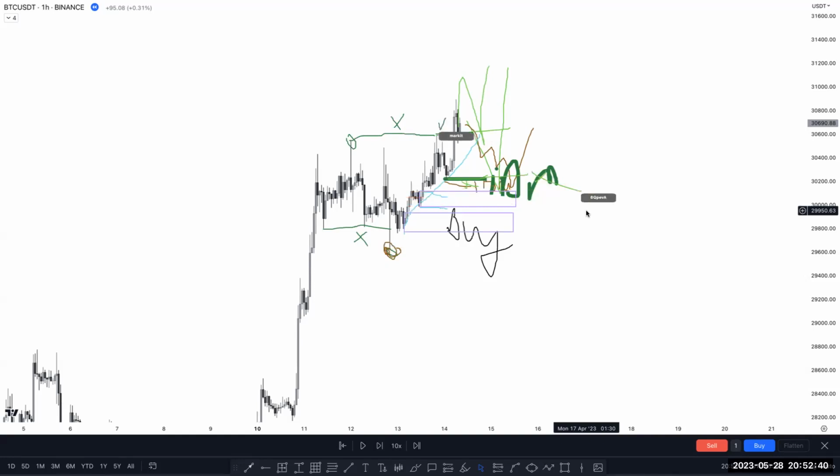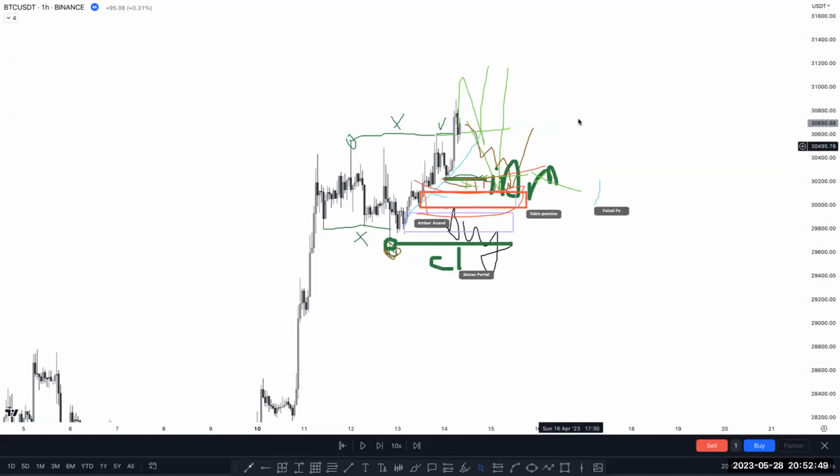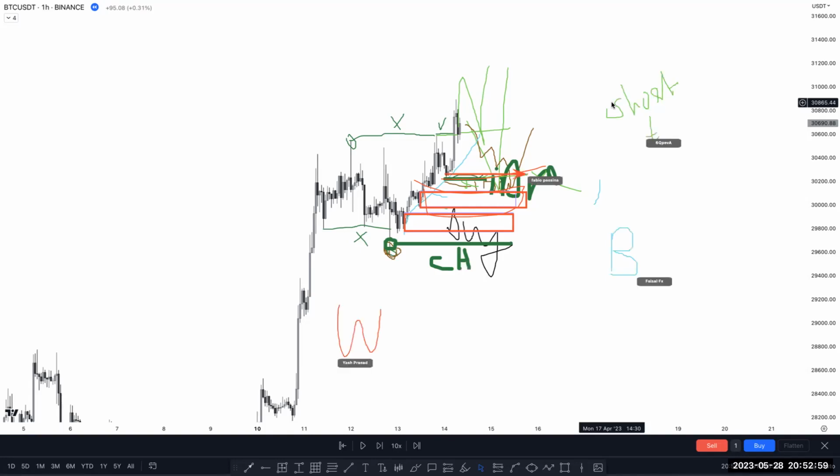At the current price action, how many members are ready to buy and how many are ready to sell? Please enter B and S on the screen. Okay, buy. Short.